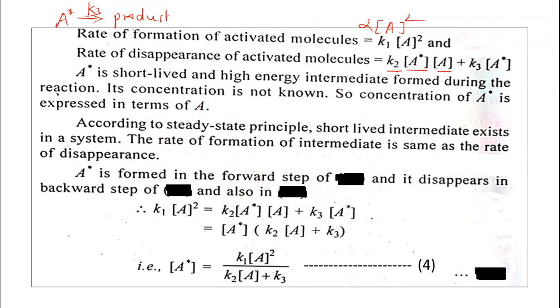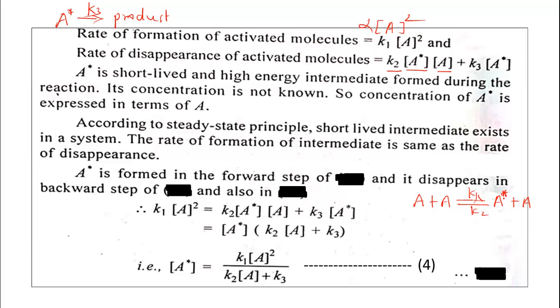Once again I would like to write here that mechanism. The reactant A combines with another A by collision, so due to the collision there is a formation of the activated molecule A star and A. The rate constant for this forward step is K1, and for the back step it is K2.